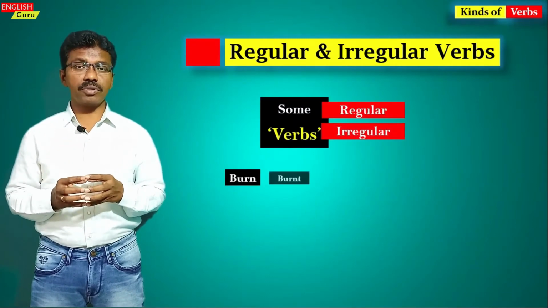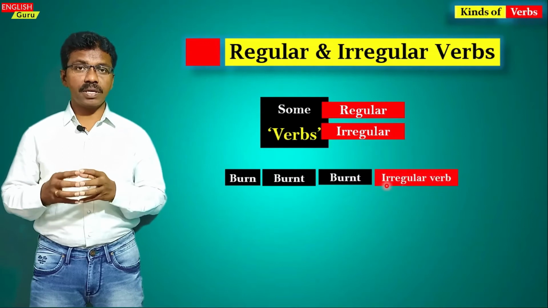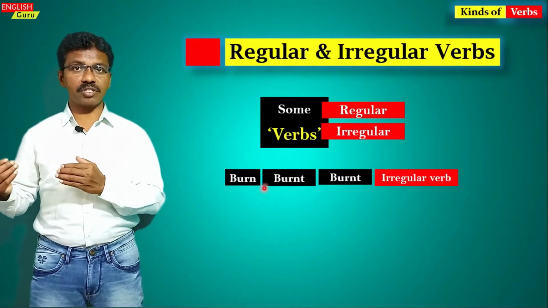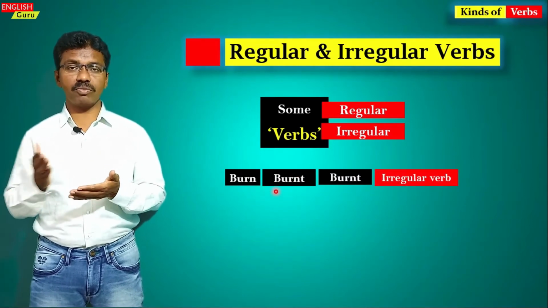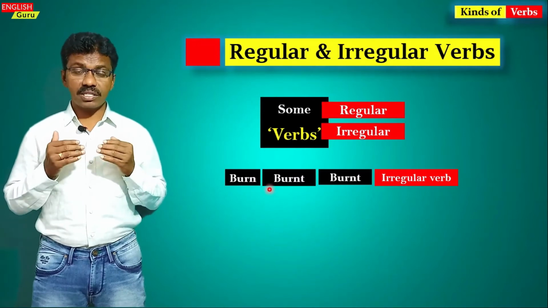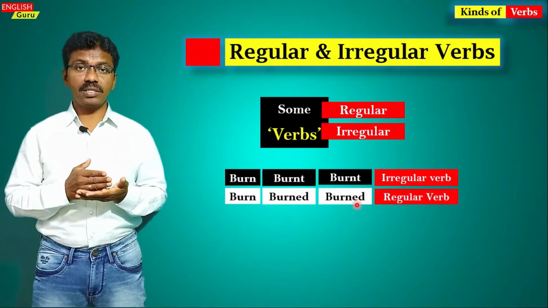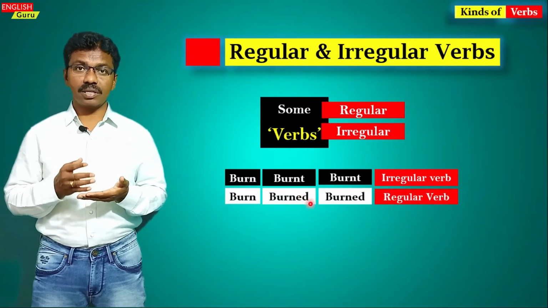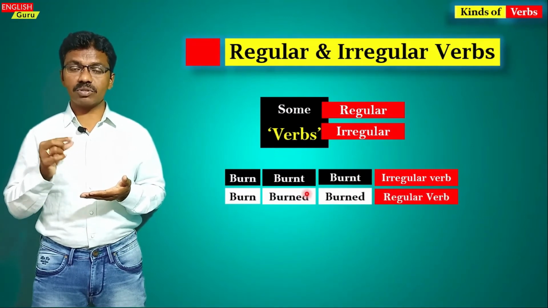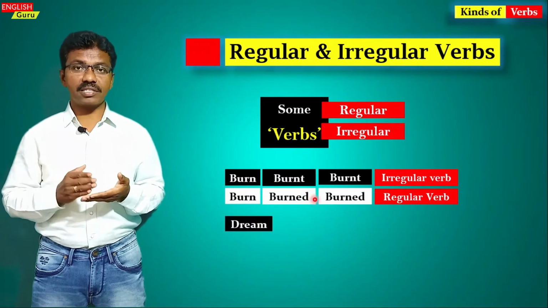For example, if you take burn, burnt, burnt, it is an irregular verb because two forms are the same, one form is different. And we can take it as a regular verb also, like burn, burned, burned, by adding ed, it becomes verb 2 and 3 and it is a regular verb.